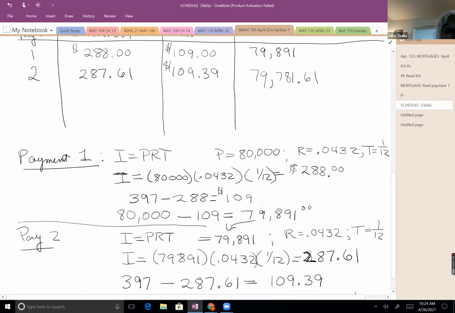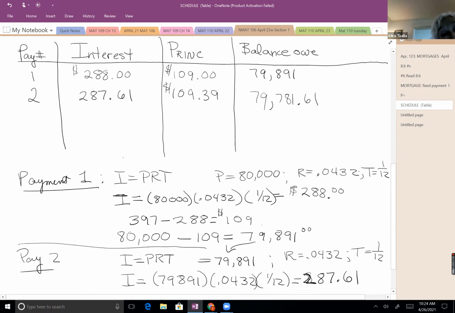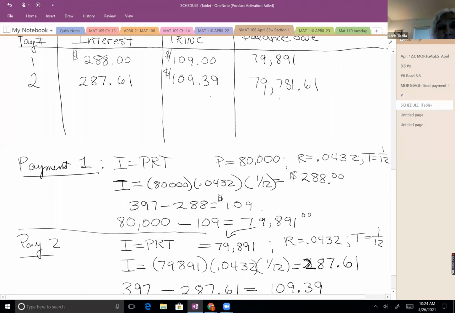And you see how gradually the interest with each payment will go down. And so the part of the payment that goes to the principal would go up, and the balance that I owe will decrease.